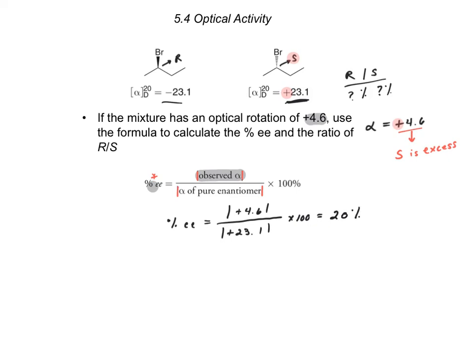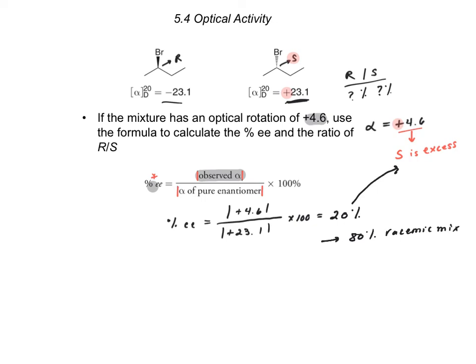Now again, what is that telling us? That is telling us that S is in excess in this solution, and it is in excess 20% over the R. Now again, the entire solution is 100%. So if 20% of this is just S by itself, then the remaining 80% is that racemic mixture.